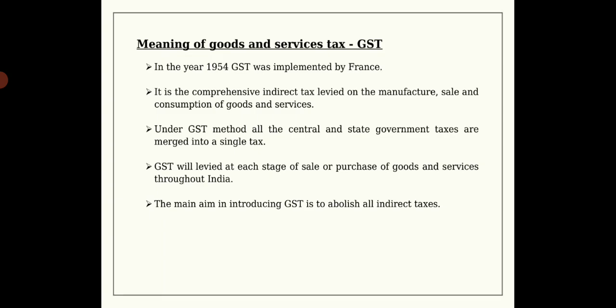GST is levied on each stage of sale or purchase of goods and services throughout India based on the input tax credit method, wherein manufacturers and traders can get tax credits on the expenses incurred for inputs or goods purchased for manufacture or resale. Under this method, all the GST registered businesses will be eligible to claim the tax credit.